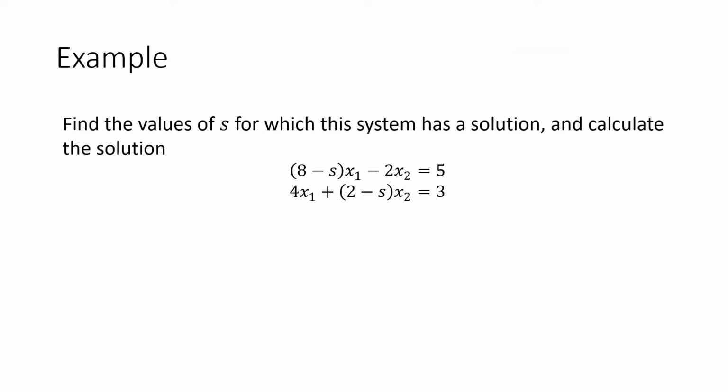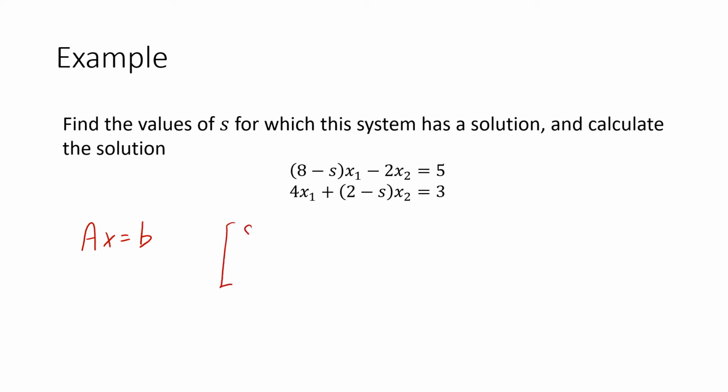So here's an example of it, using some constants in there as well. The book actually has a few other examples too to follow through. Find the values of s for which this system has a solution. So first off, if we rewrite this as Ax equals b, what do we get?